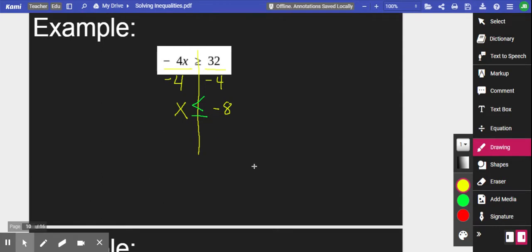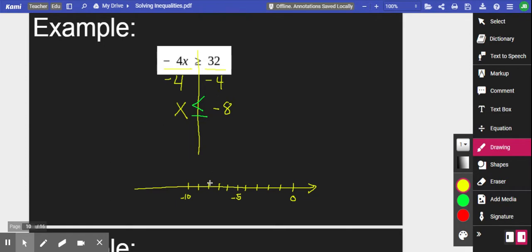Now, if I were to graph this, we would create our number line here. And since we're going to be on the negative side, let's put 0 over here. So 0, -1, -2, -3, -4. Here's -5, -6, -7, -8, -9, and here's -10.